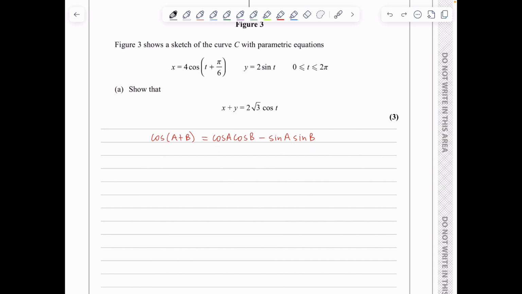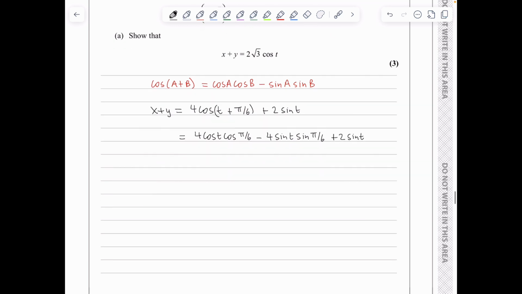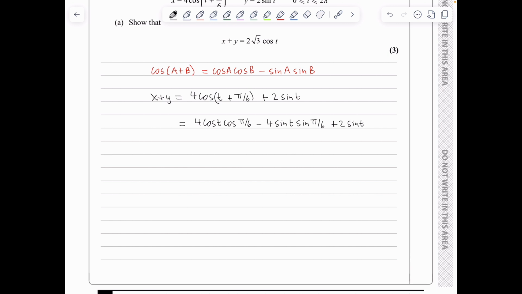So if we consider x plus y, then we're looking at 4 cos of (t plus pi over 6) plus 2 sine t. So we're looking at 4 cos t cos of pi over 6 minus 4 sine t sine of pi over 6 plus 2 sine t. Now cos of pi over 6 is root 3 over 2.